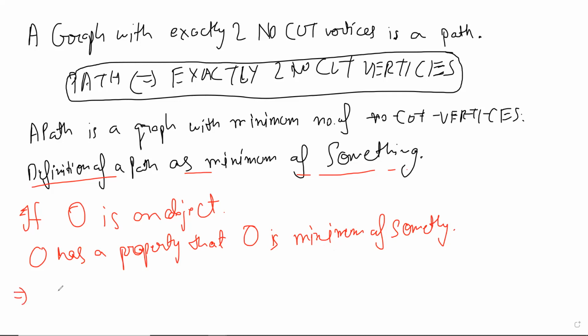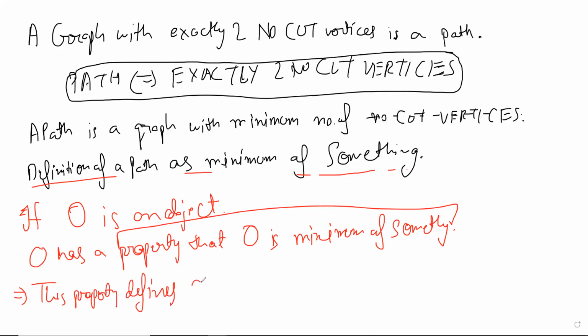So this means that this property can actually be used to define O. So you actually get a definition of O, but it may be a much neater definition.